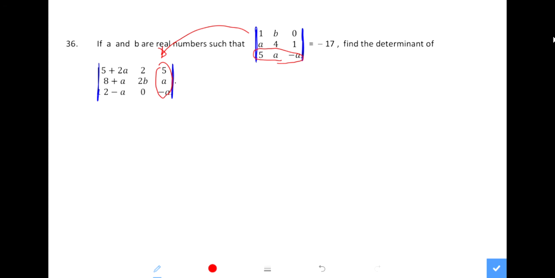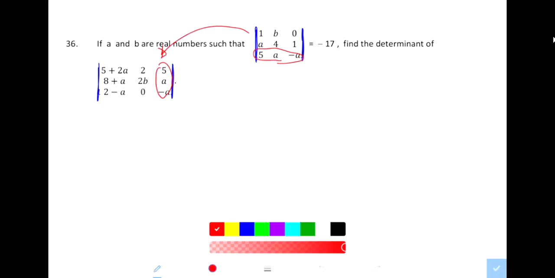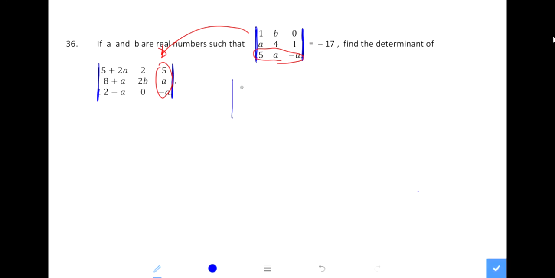So my first step, I'm going to change this one into something like this. I'm going to transpose this one. I'm going to change it back to this blue color. I'm going to transpose this one into 1 B 0 like this, and then A 4 1, and then 5A negative A, right?